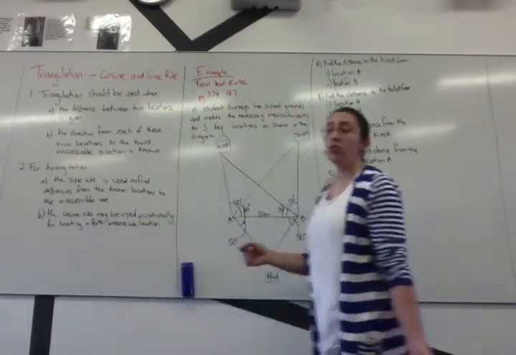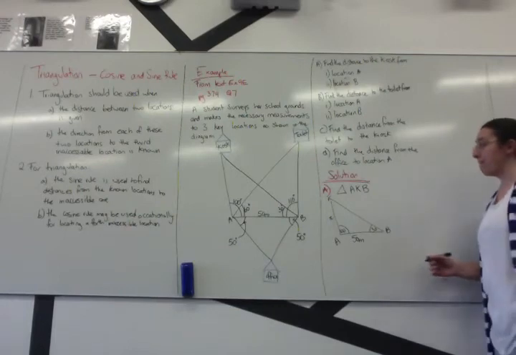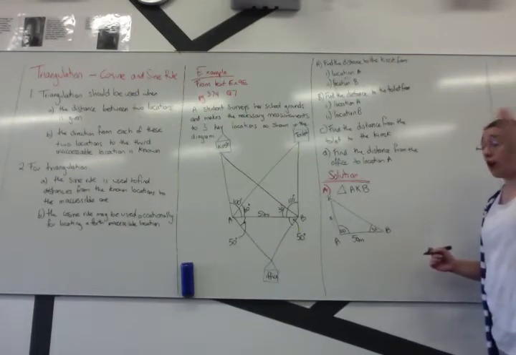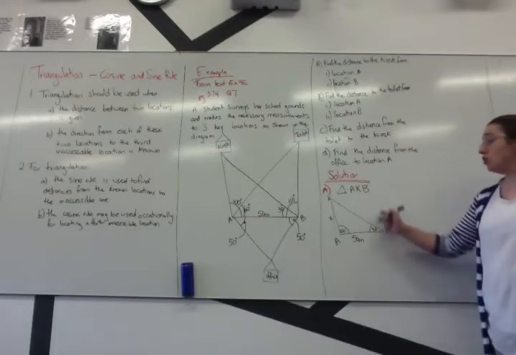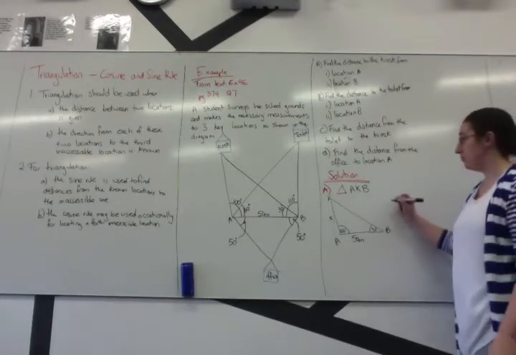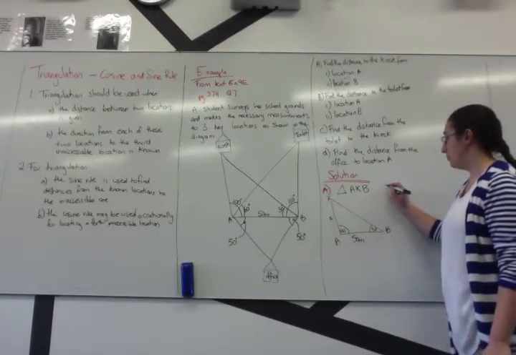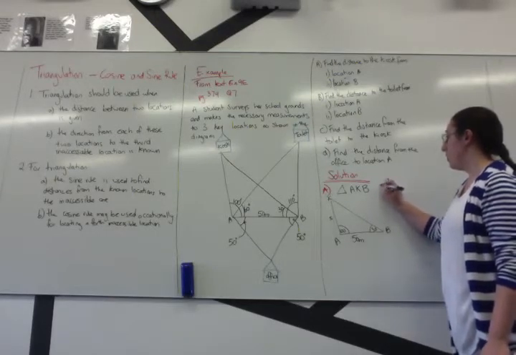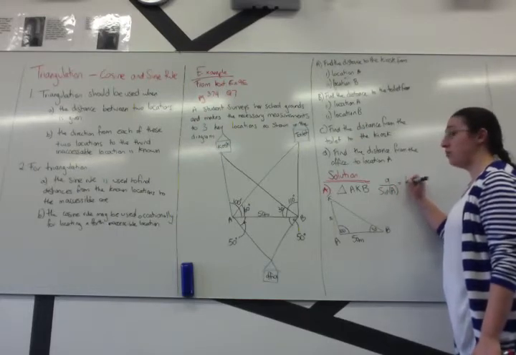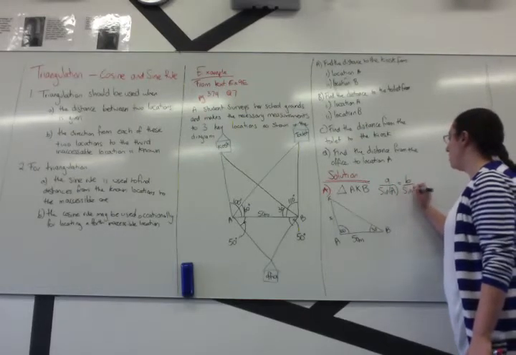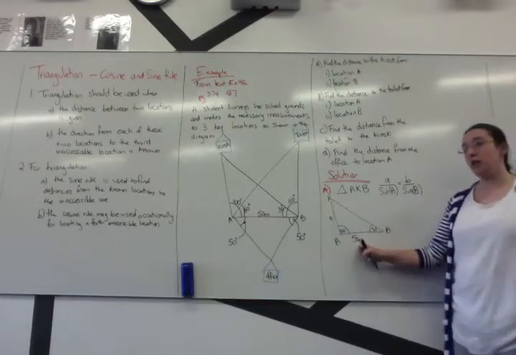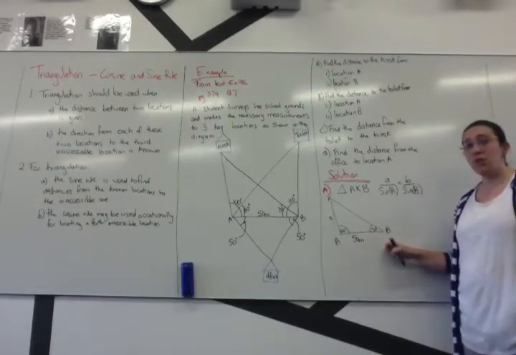What's the sine rule? Opposite over. No, that's for the ratios for right angle triangles. This is not a right angle triangle. The sine rule is, sine A over the sine of the angle A is equal to B over the sine of B. Now, you've got a side here with a 50.